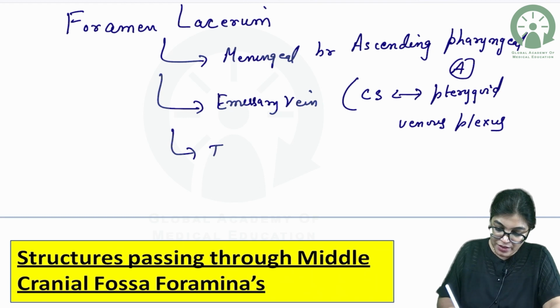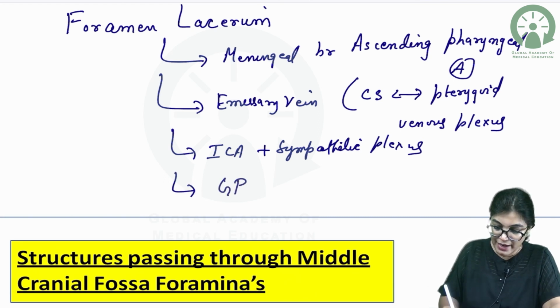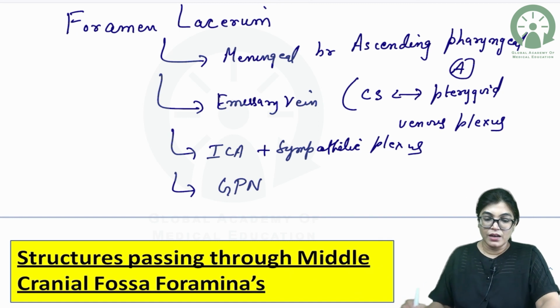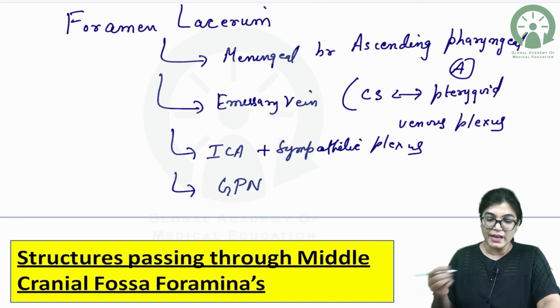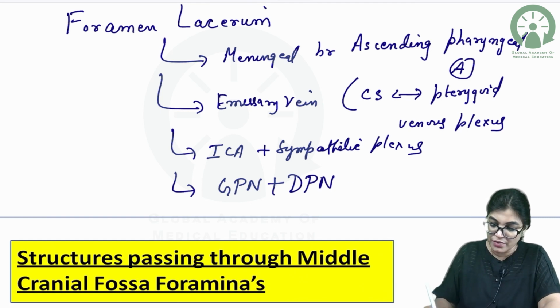Also, the internal carotid artery traverses along with the sympathetic plexus. And the greater petrosal nerve actually enters the posterolateral aspect and leaves the anterior part of foramen lacerum, joins with the deep petrosal nerve and forms the nerve of the pterygoid canal.